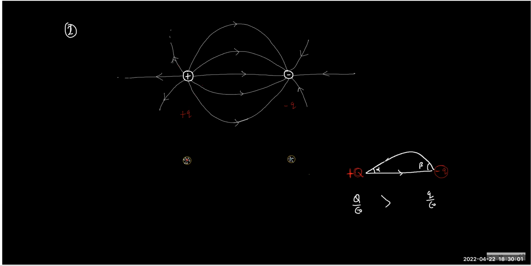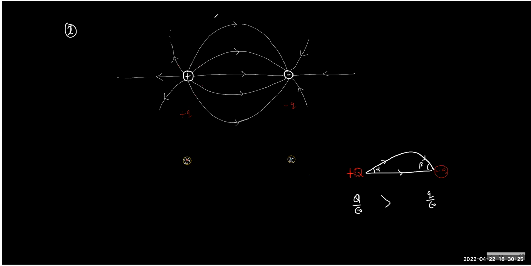You can understand why. Because beta should be bigger than alpha, isn't it? Otherwise, what will happen? Sir, the smaller Q won't have enough capacity to terminate all those field lines that the plus Q is emanating. Correct. Very good. Excellent.